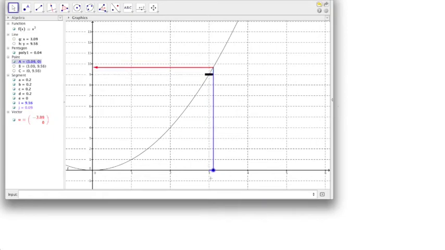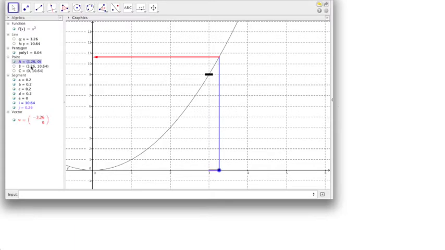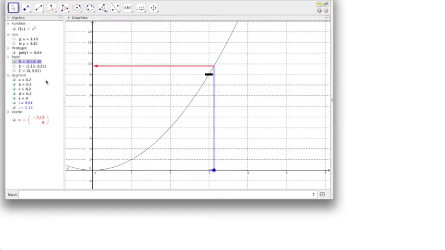Look at the coordinates right here for point B. That would be 3.26 as the x-coordinate, 10.64 as the y-coordinate. Now notice as I come down, the x-coordinates are now like 3.1, 3.14, 3.13. The y-coordinates are rapidly coming down on top of 9. I'm at 3.02 and it's 9.13, but you can see pictorially exactly what's going on.